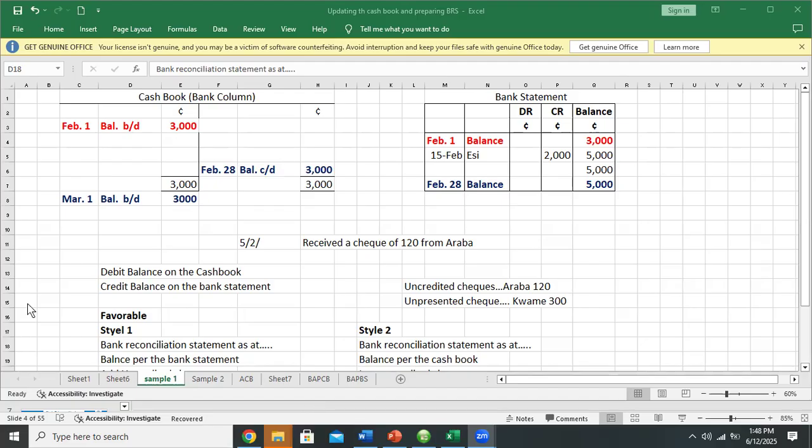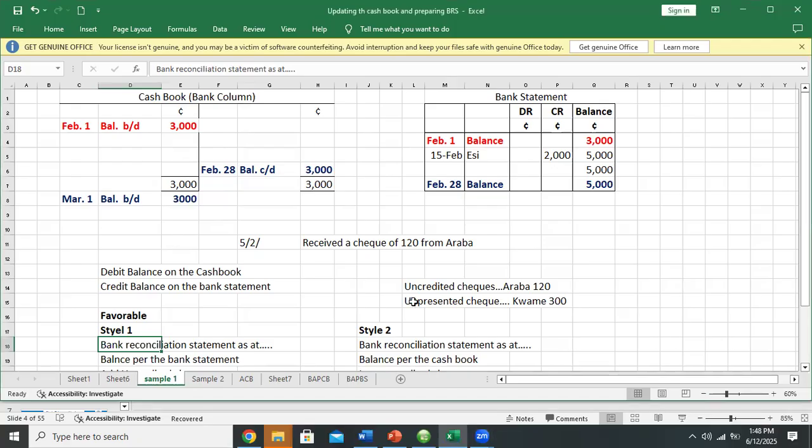What will you do with uncredited checks? Will you add or less? Alexia says you less. And I think that is true. If you begin with your balance per the cash book, you less uncredited checks.